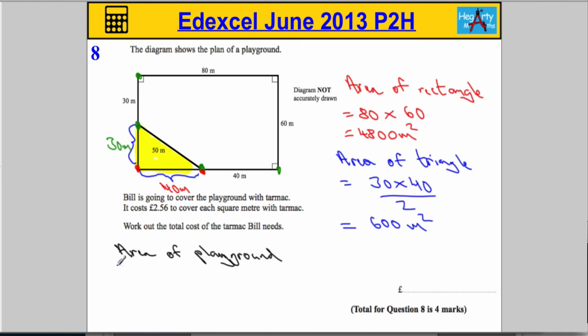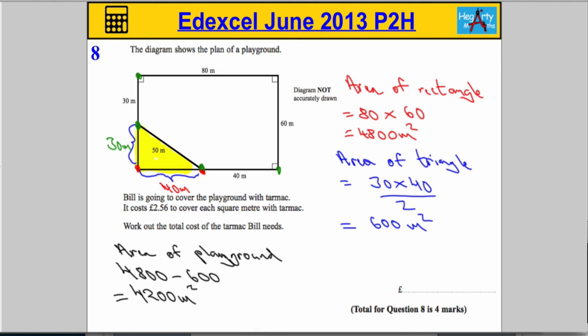So we're going to do 4,800 subtract 600, and that is going to give us an answer of 4,200. So the total area of the playground is 4,200 meters squared.